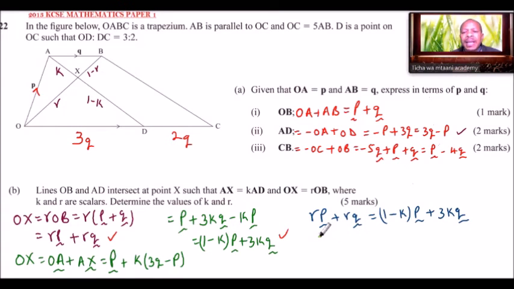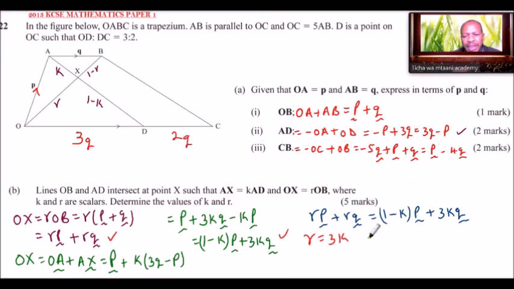This means that we can equate R, which is a constant, to 1 minus K, and we can say R is equal to 3K. So we can start with, let's say we have R is equal to 3K.